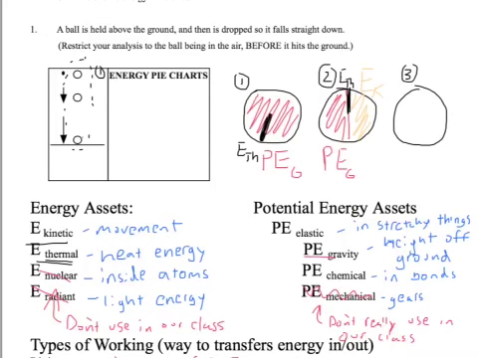I'm going to say that all of its gravity energy, all of its potential energy due to gravity, is gone, and it is all turned into kinetic energy. So I'm going to say it's all energy kinetic. And since I did put a little sliver of thermal energy before, I'm going to put that little sliver of thermal energy. So now I'm going to show you how to do the next problem.